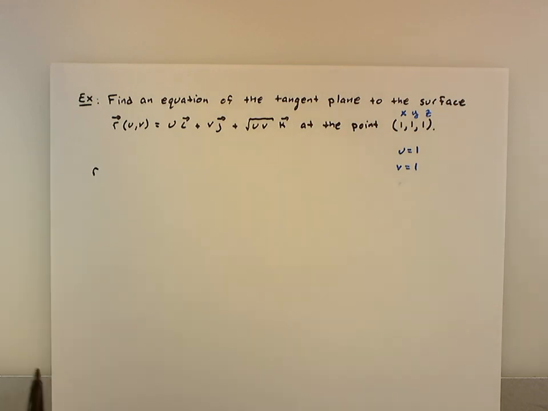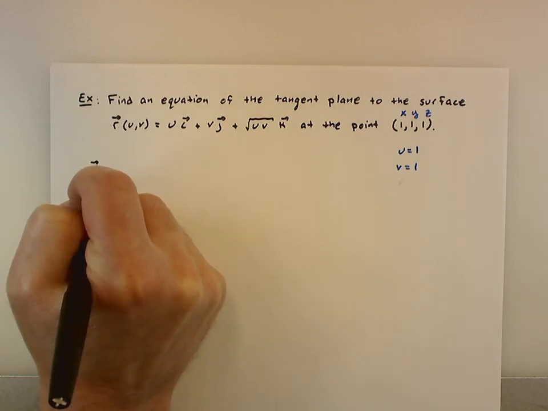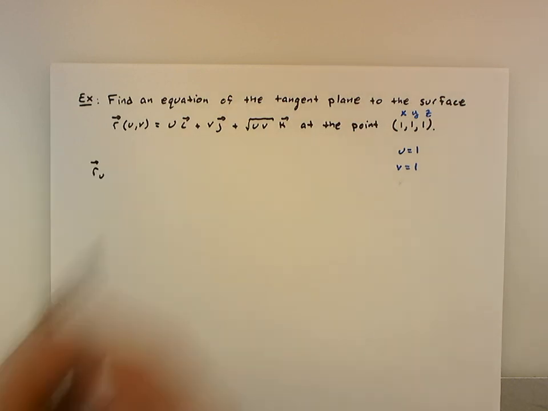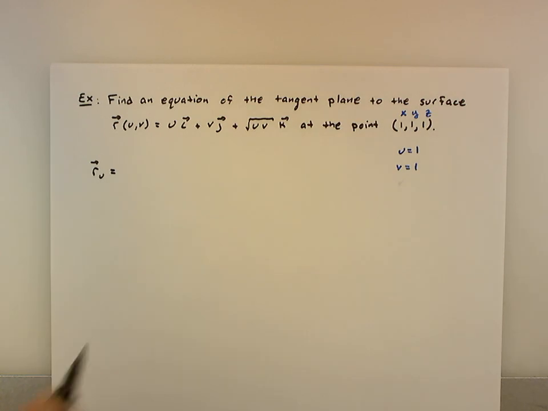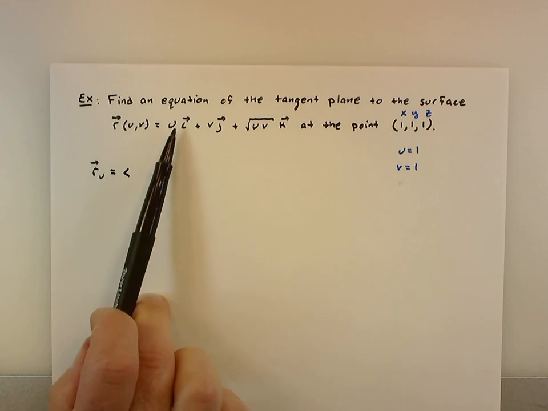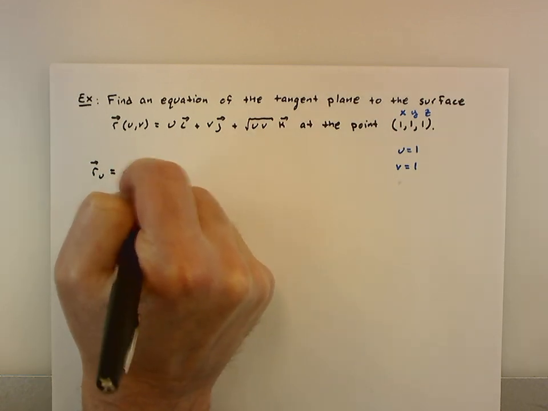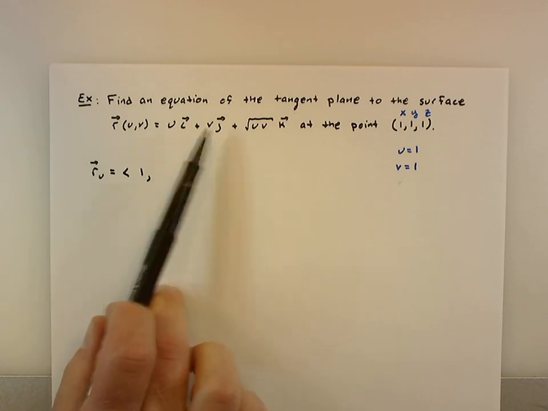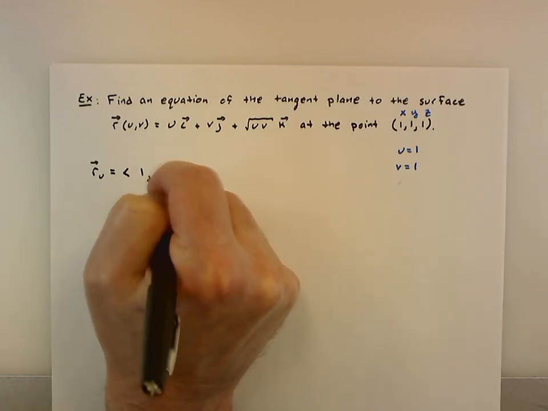So first, if I compute the partial derivative of r with respect to u, I'll do this component-wise. The derivative of the first component with respect to u is 1. The partial derivative of the second component with respect to u is 0.